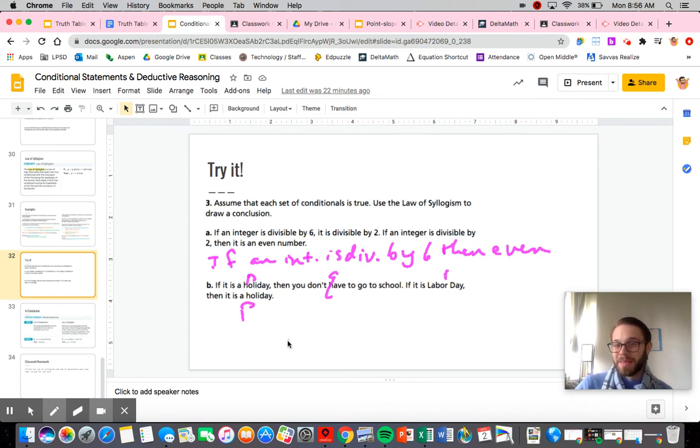We don't have anything in the correct form. Up here we had P, Q, Q, R, and that's really what we're looking for. We've just repeated P, and it's not even the same spot.